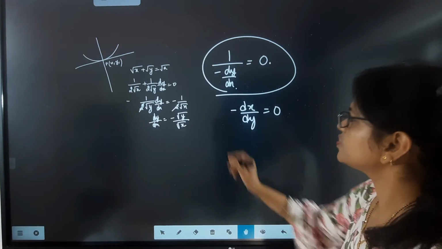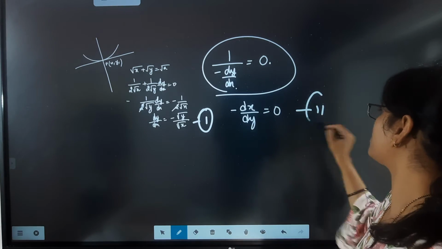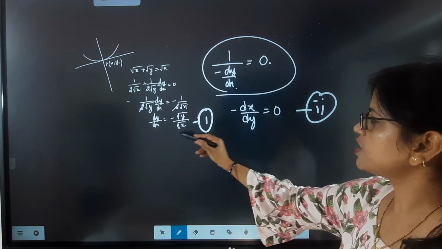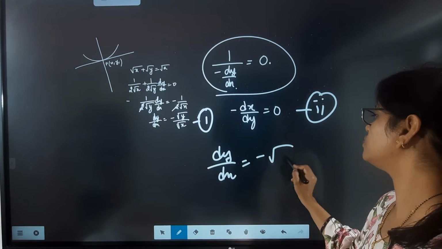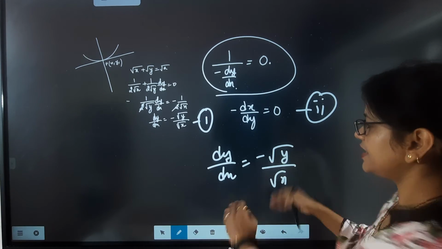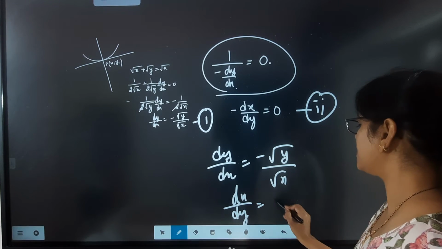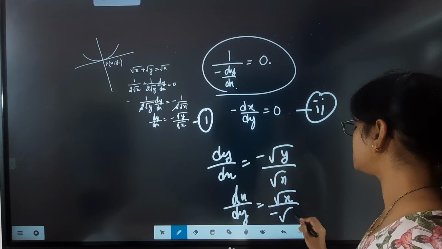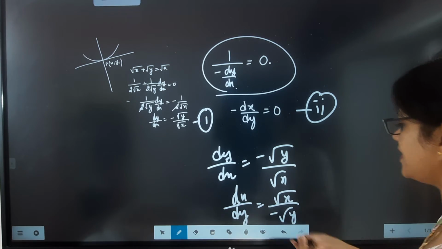So with the information given, we got dy by dx equal to minus root under y by root under x. Take the reciprocal. dx by dy will be equal to root under x by minus root under y, and we got dx by dy as 0.